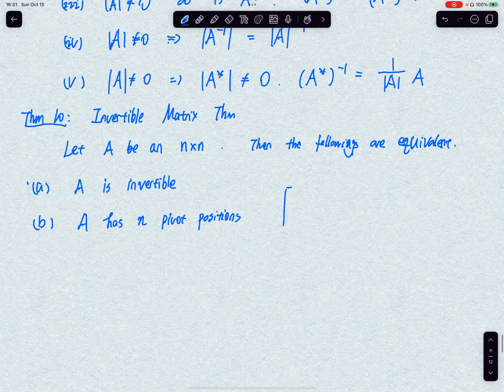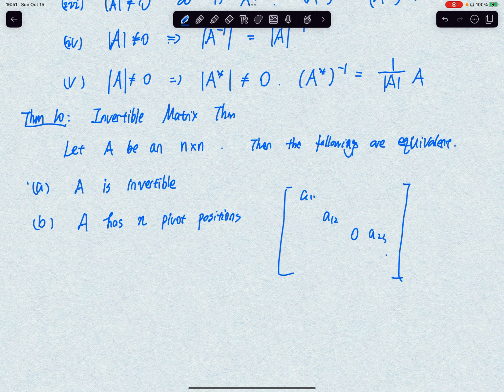So that really means, consider a matrix. If we reduce it to the reduced echelon form, for example, with entries A12, A23, and all the remaining entries 0, then there are only 3 terms that are not free variables. So there are 3 pivots.